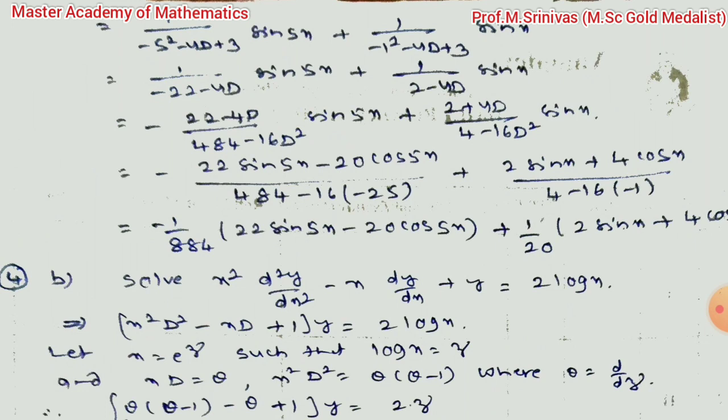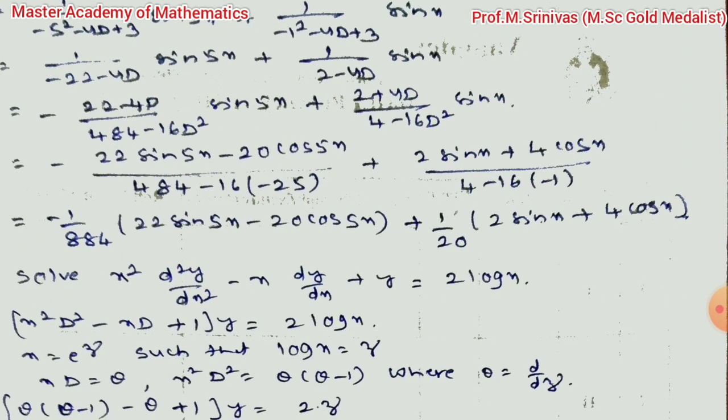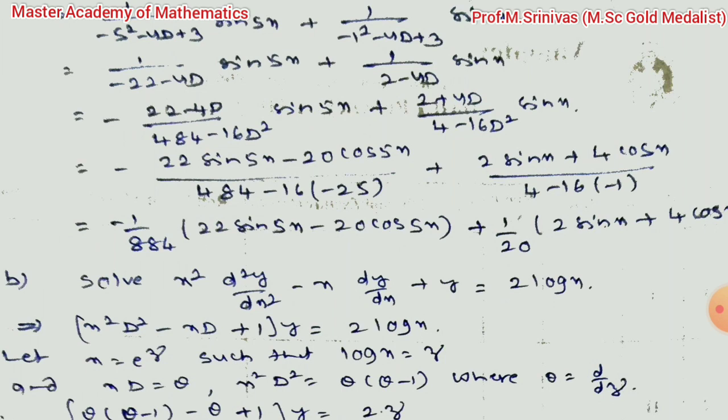On making the simplification and rationalization, you are getting the final answer: minus 1 divided by 884 into (22 sin 5x minus 20 cos 5x) plus 120 into 1 by 20 into (2 sin x plus 4 cos x). This complete expression is divided by 2. Additional term is there, that is not given here, but you remember that complete expression divided by 2.